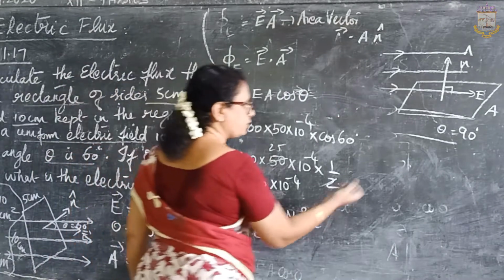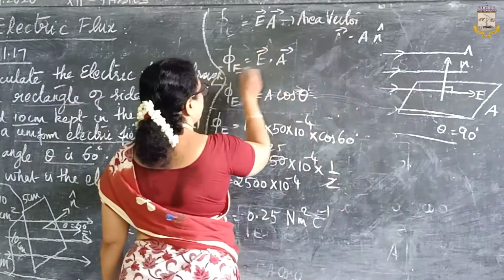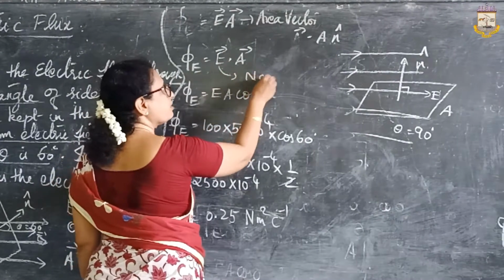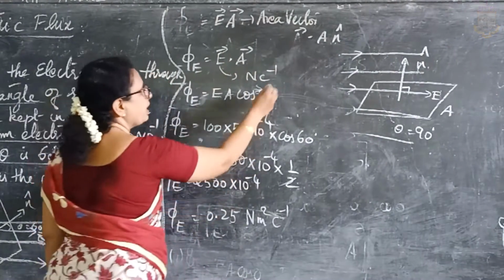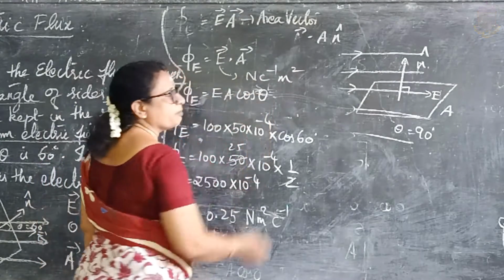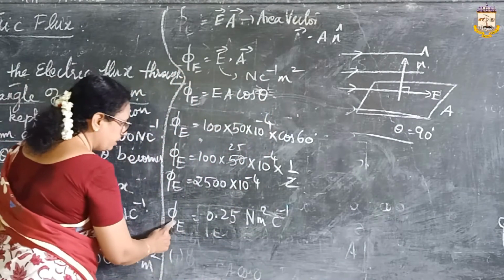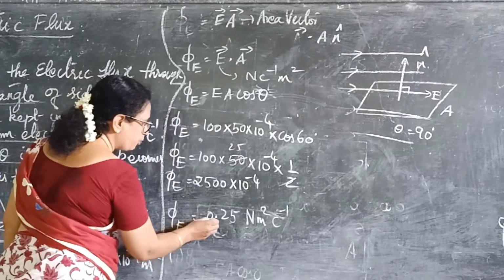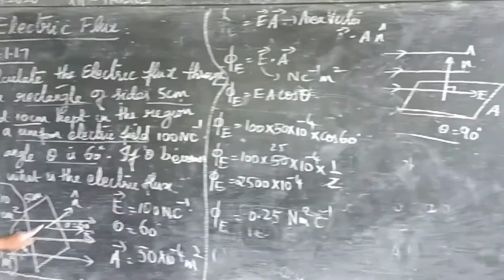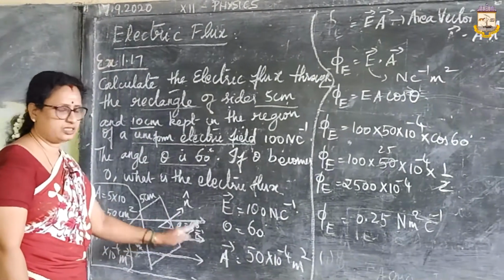So how did you get this unit also? You can just substitute in phi is equal to EA. The unit of E is Newton coulomb power minus 1. Area is meter square. So the unit of phi E is Newton meter square coulomb power minus 1. So the value phi E we got as 0.25 Newton meter square coulomb power minus 1 when this area is inclined at an angle theta 60 degree.